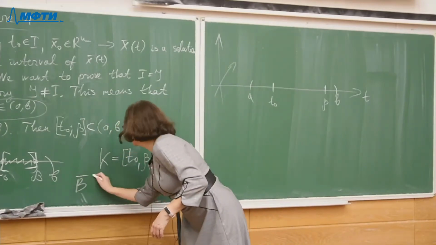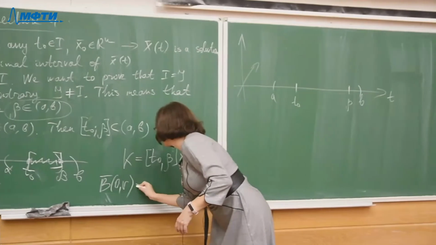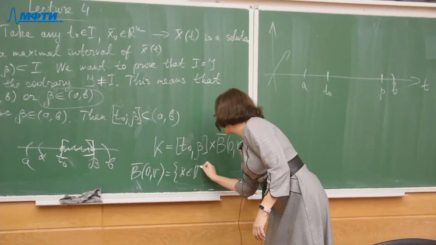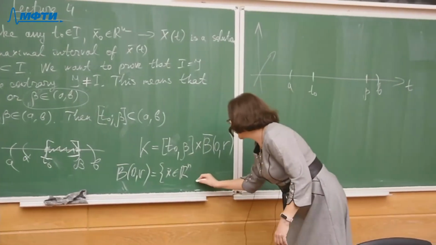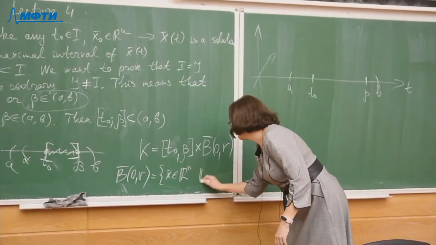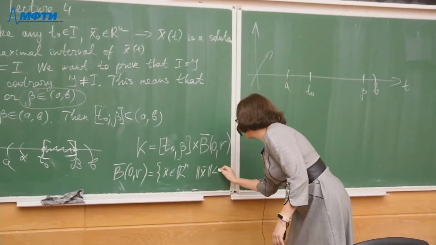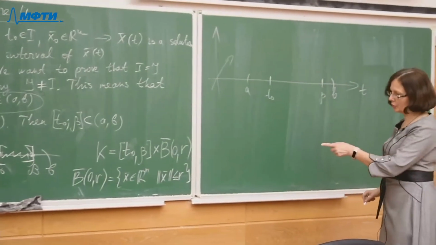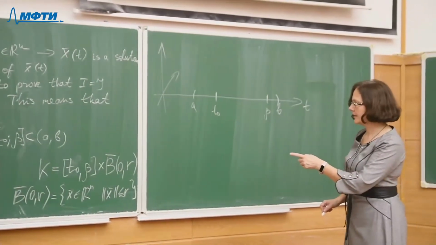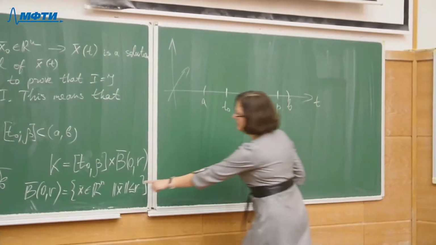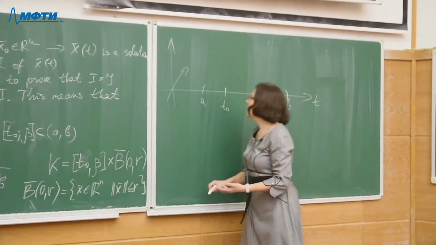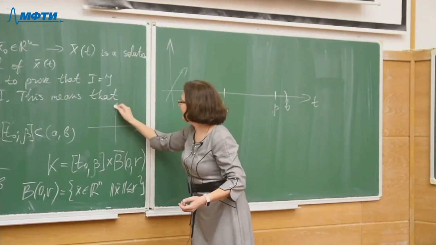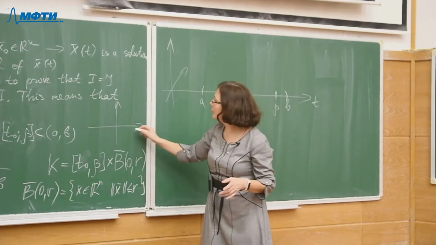So it will be the set of x such that the norm of x is less than or equal to r. So it must be closed. Is it clear? So the norm is the distance from x to 0. In R2, in the plane, this means the following.